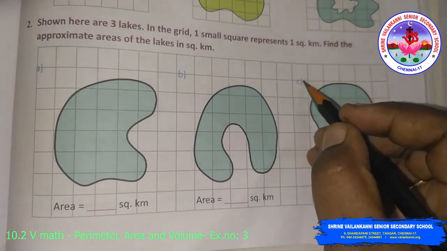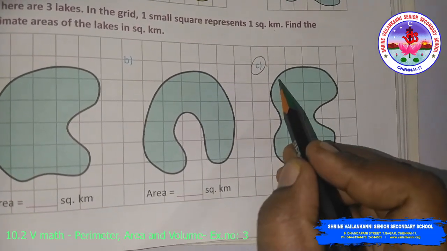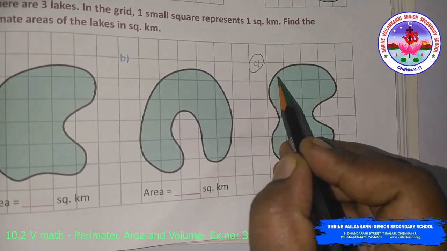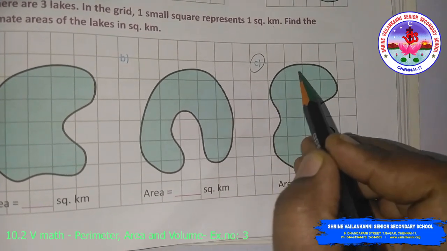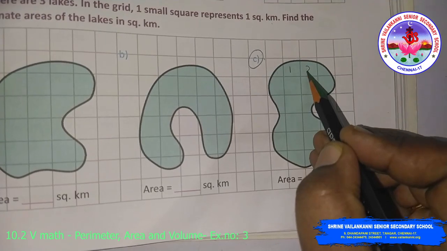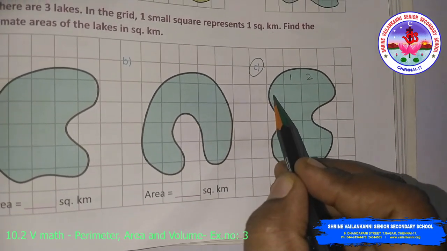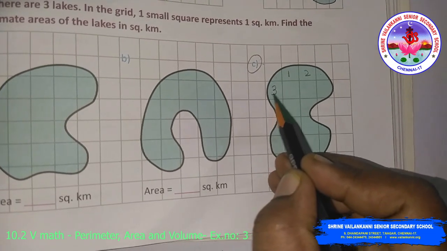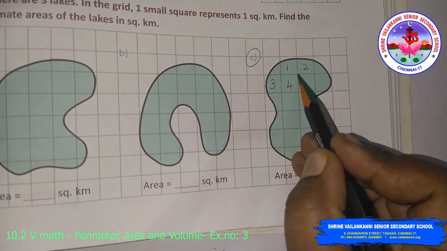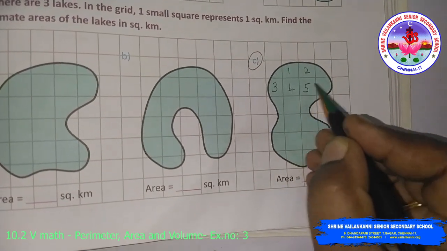Shall we take this one? For the first row, I'm going to start. This square is less than half. This is more than half, 1 square. This is more than half, 2. This is less than half, I'm not going to count. This is more than half, 3. This whole square is shaded, 4. This whole square is also shaded, 5.